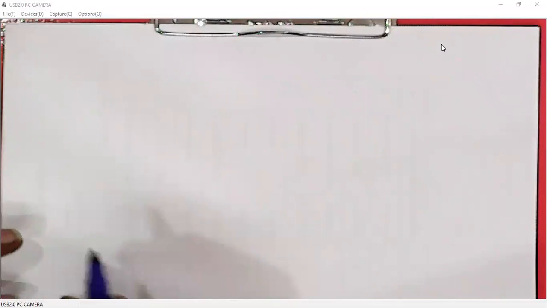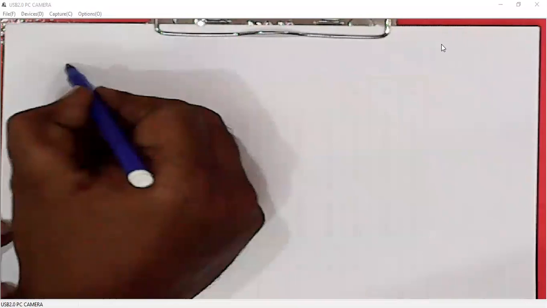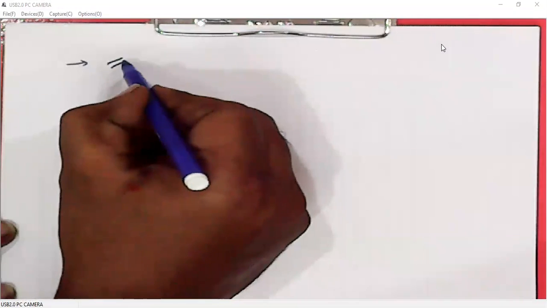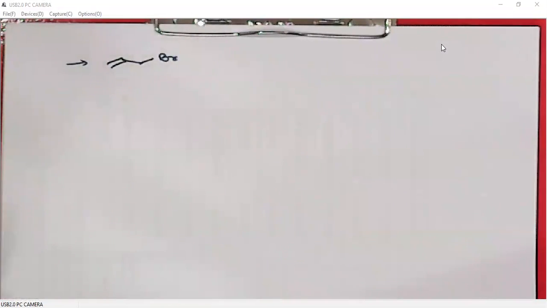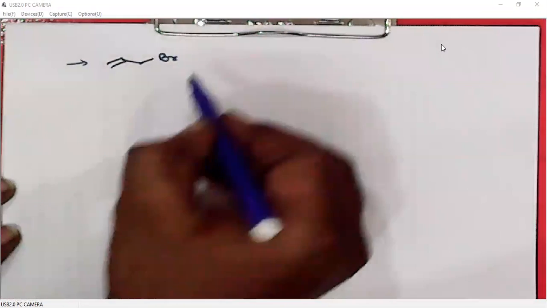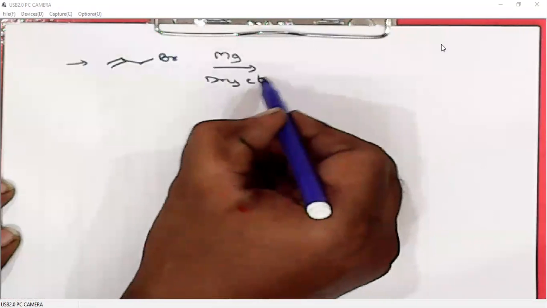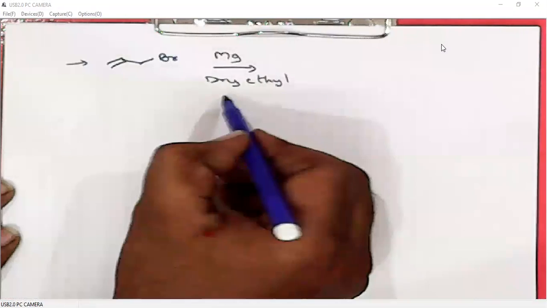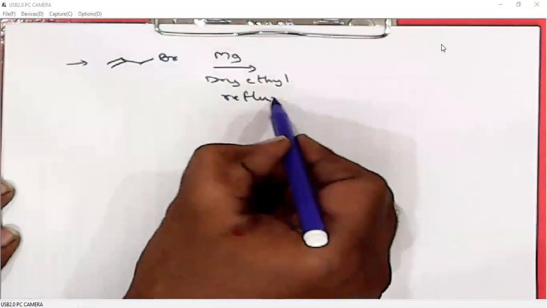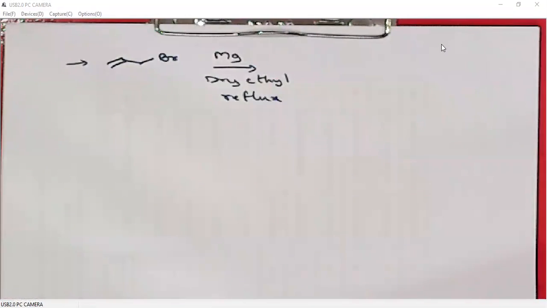Grignard reagents are commercially available, but we can also prepare some of the Grignard reagents in the lab itself. So we don't need to buy. Generally, allyl Grignard is prepared in the lab.